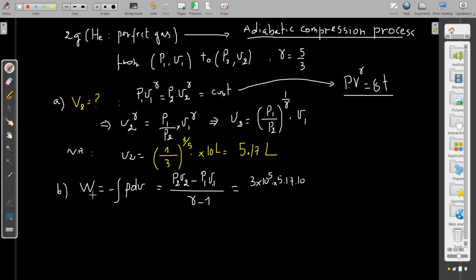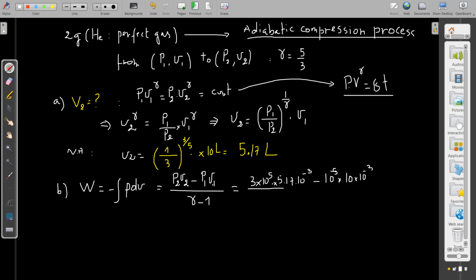For the work must be in joules. So 10 to the power of negative 3 minus P1, 10 to the power of 5 pascals, multiplied by 10 liters, I mean 10 multiplied by 10 to the power of negative 3.